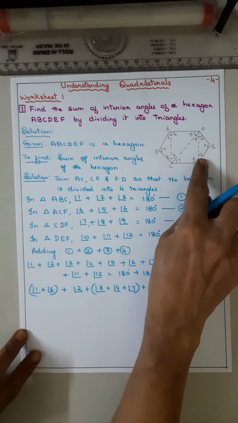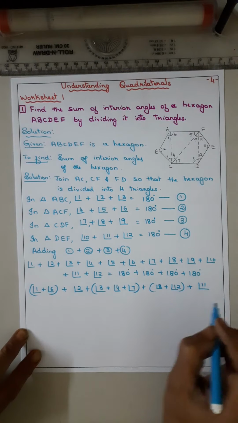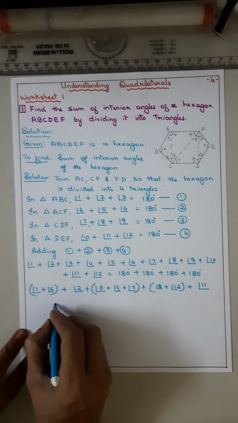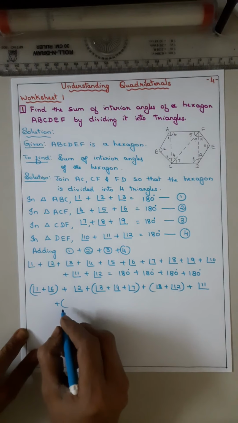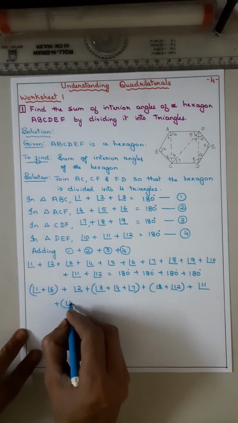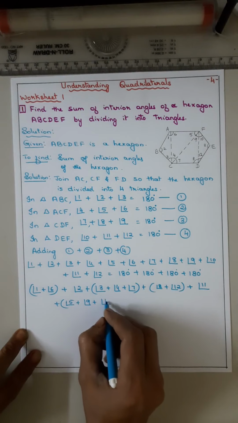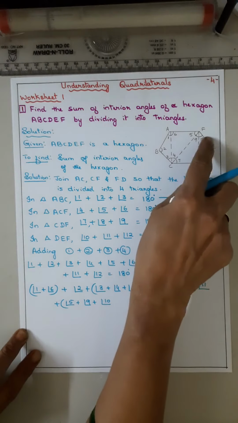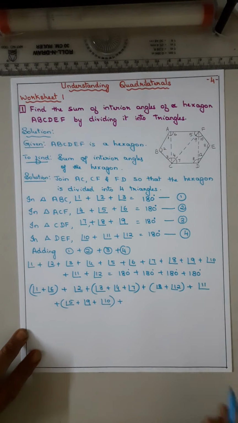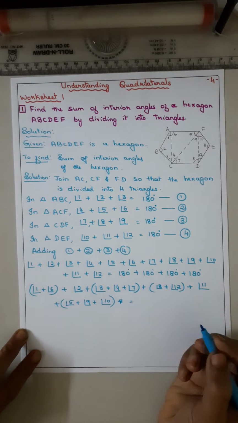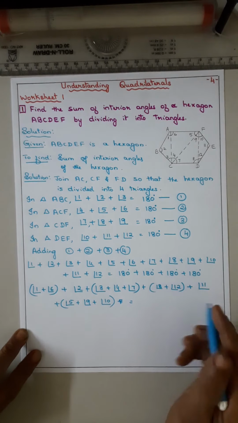Are you understanding? Now at E, it is only angle 11. Now at F, it is angle 5 plus angle 9 plus angle 10. Isn't it? And that is equal to 180 four times.